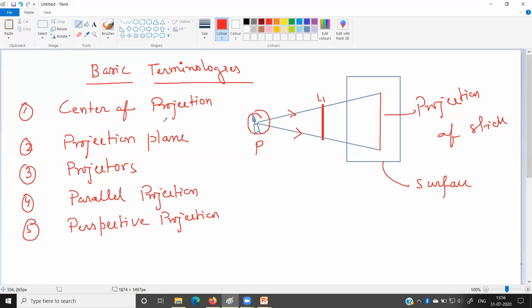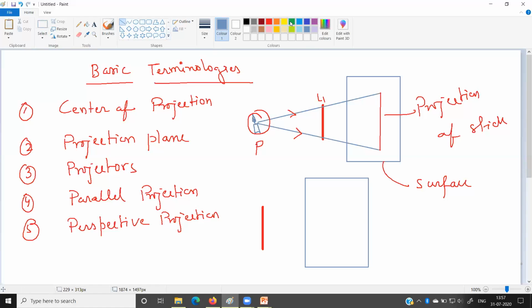Fine. So we can also draw the parallel projection. I am showing you an example of the parallel projection. Let us consider there is another stick, and this is also a viewing screen, or you can say the projection plane, where the projection will be taken.